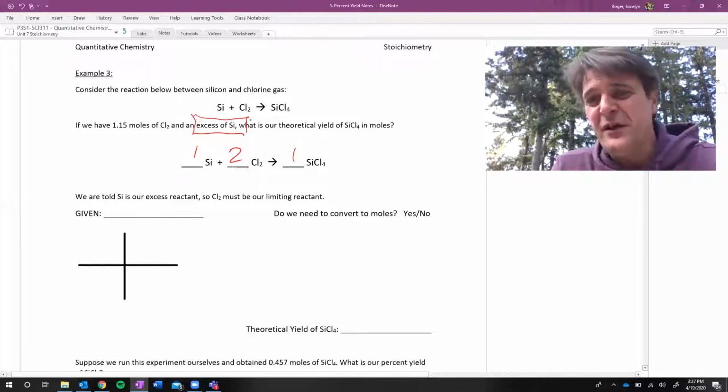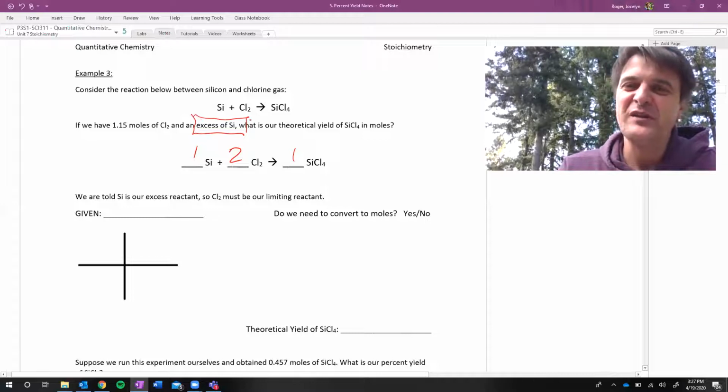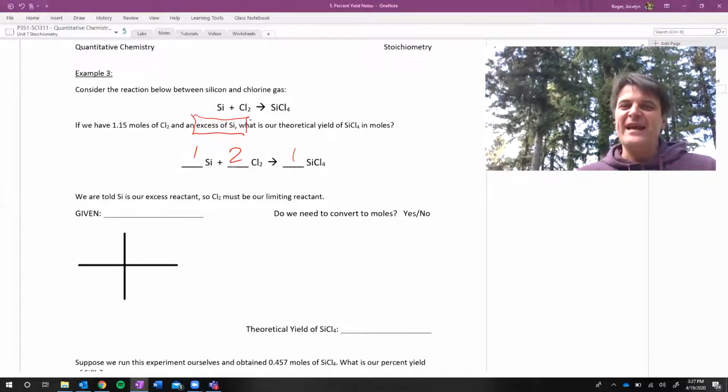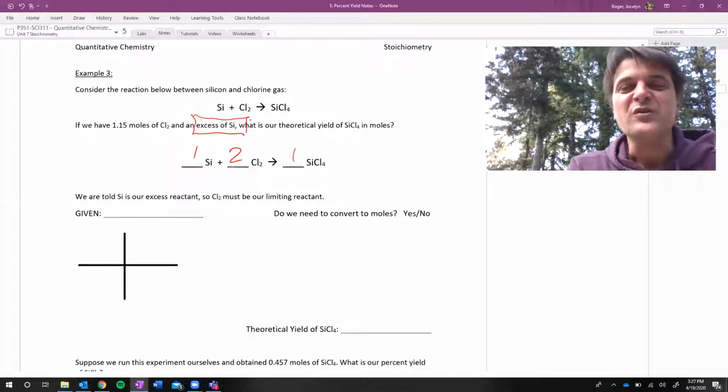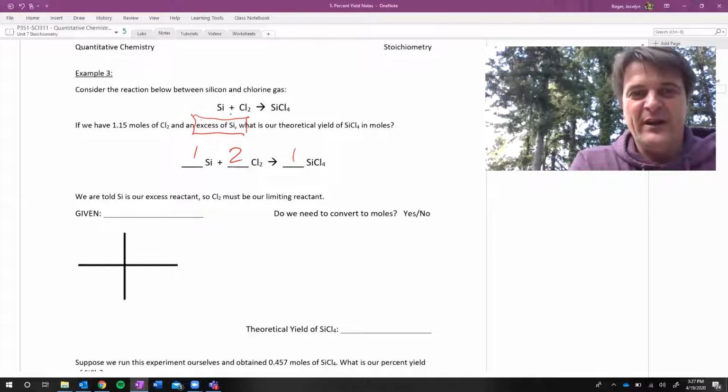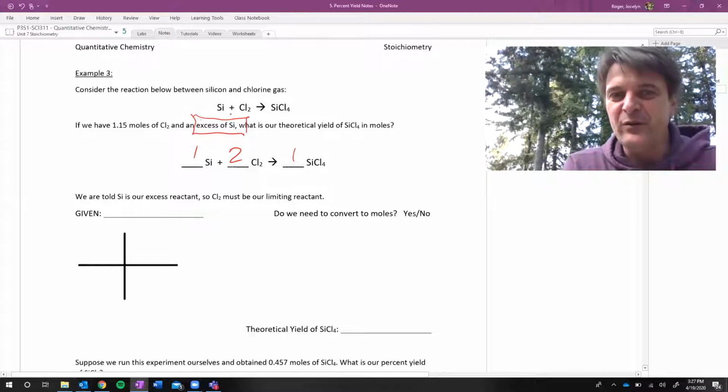So that was very nice of them. They just told us which one is the limiting reagent, right? Because if they're saying that you have an excess of silicon, that means that the chlorine is the limiting reagent. So that saves us a lot of work on the front end. So we know now to get the theoretical yield from the chlorine.